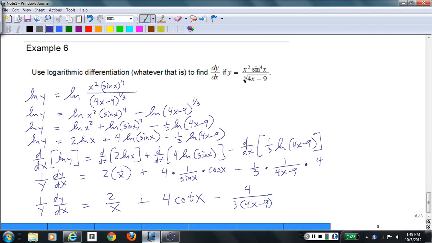I want to write this so that I have dy/dx all by itself on the left. So I need to multiply both sides by y. So we can do that. Maybe up here. dy/dx equals y times everything we had on the right, 2 over x plus 4 cotangent x minus 4 over 3 times 4x minus 9.